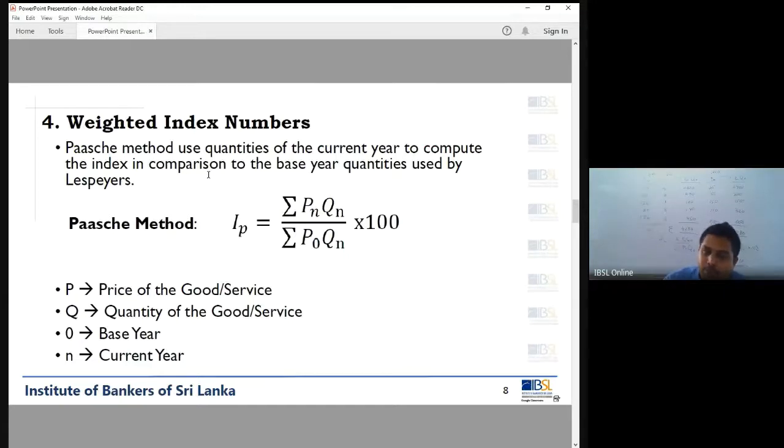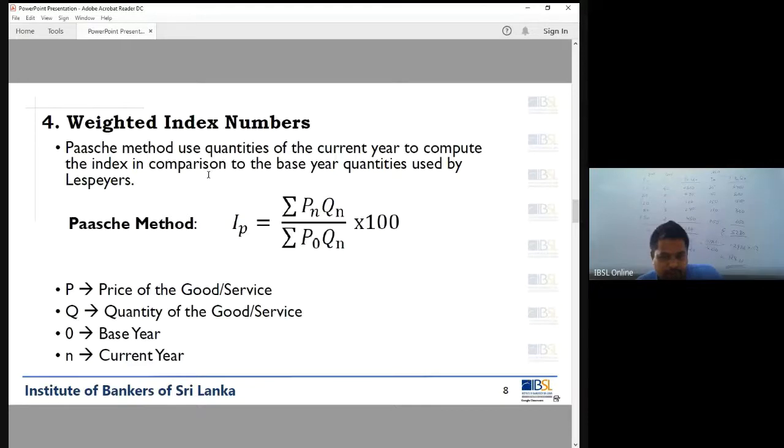So both methods have a very similar calculation and exactly the same steps to be followed. The only difference to keep in mind is that for the Laspeyres method, you keep the quantities of the base year constant.